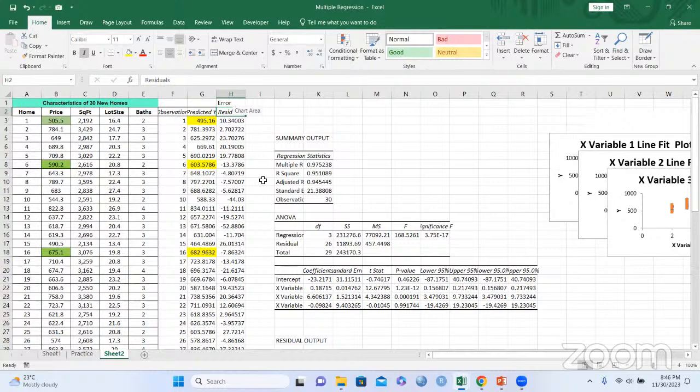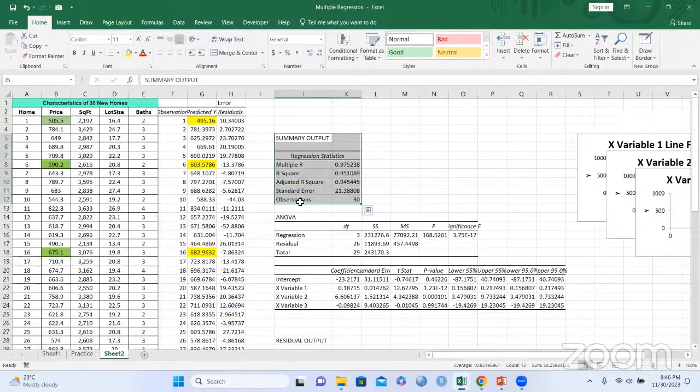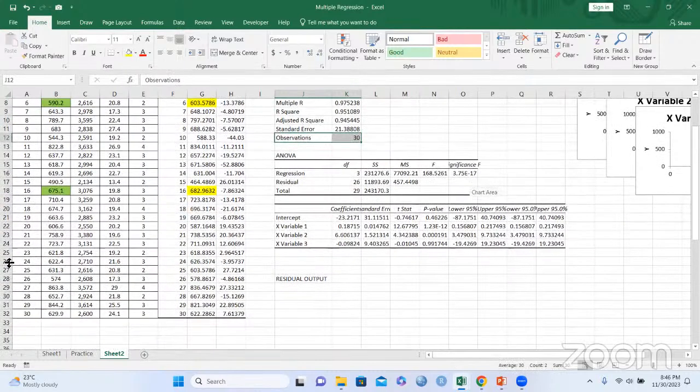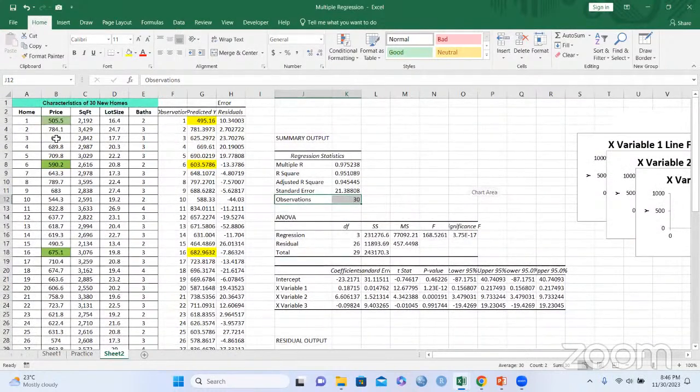Coming to the summary output, the important aspects are the number of observations. How many observations? As I have mentioned, I've got 30 values. I'll be sharing this sheet with you so that you can have a better understanding. If you see this R square, it is 0.95.